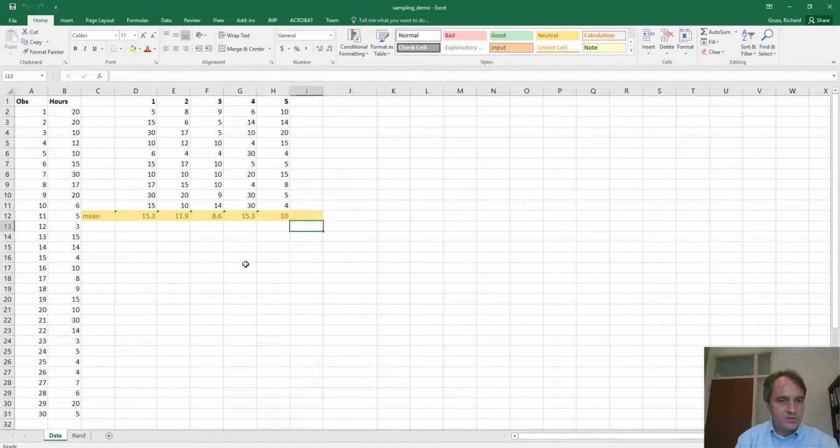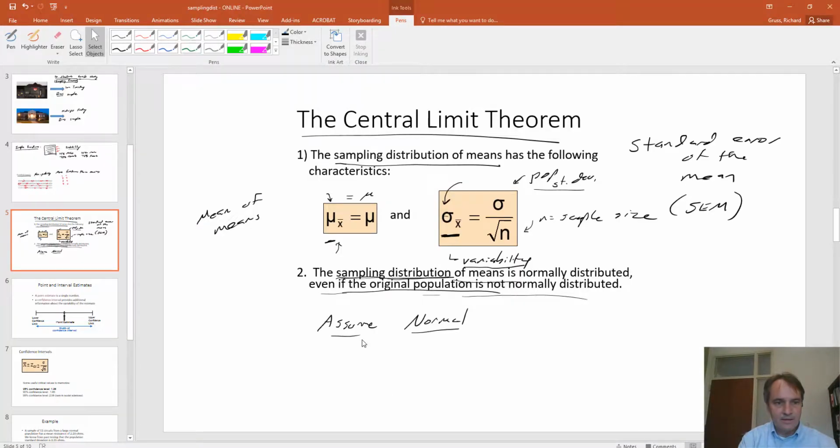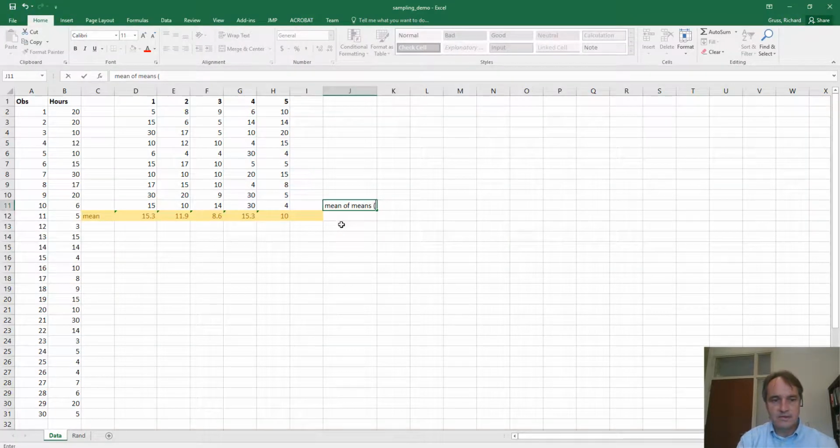I'm going to now take the mean of means here. So mean of means, or in that slide, it was right here. So this is the mean of sample means. Let's see what this is.